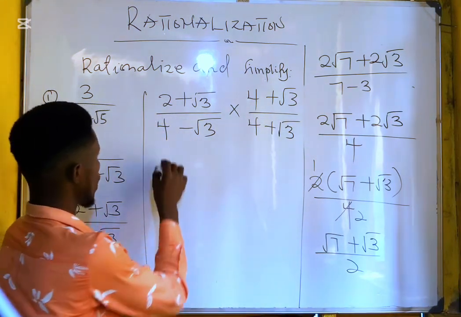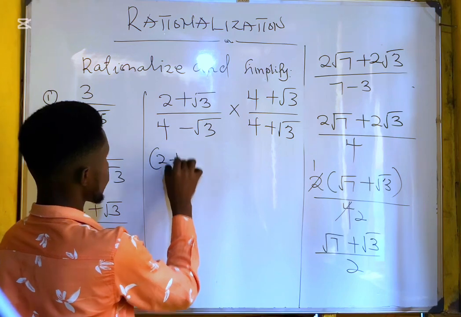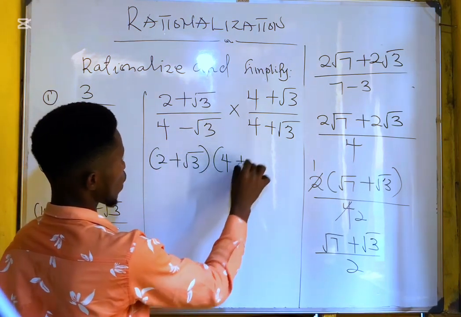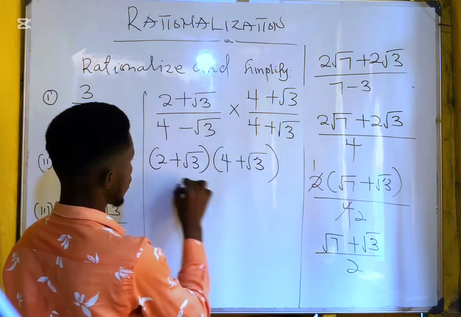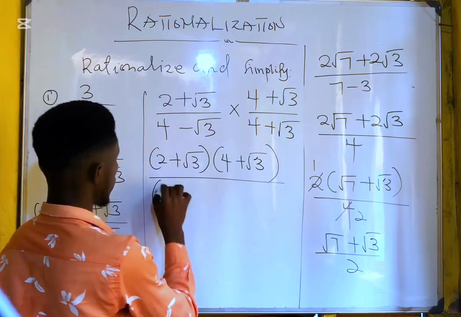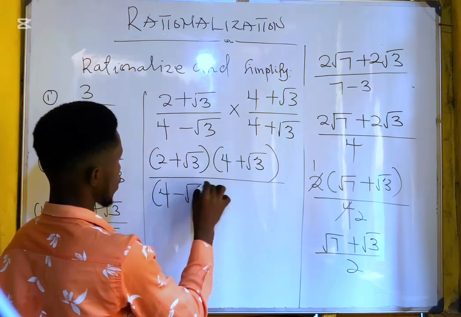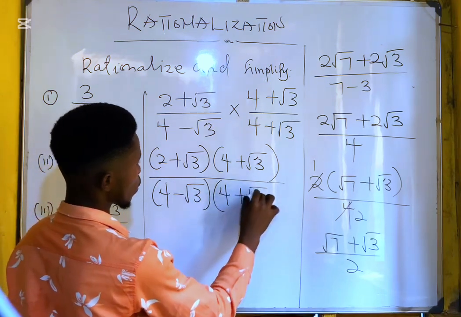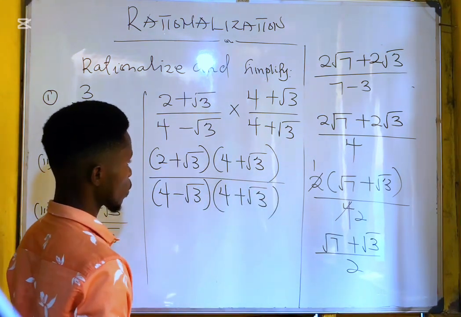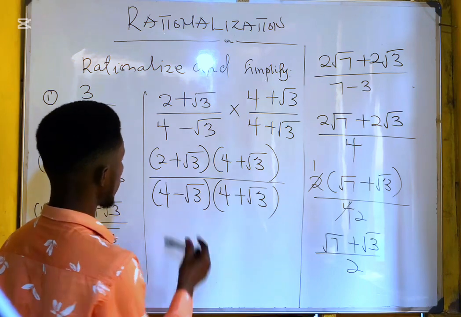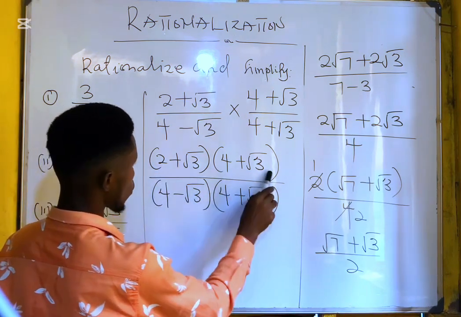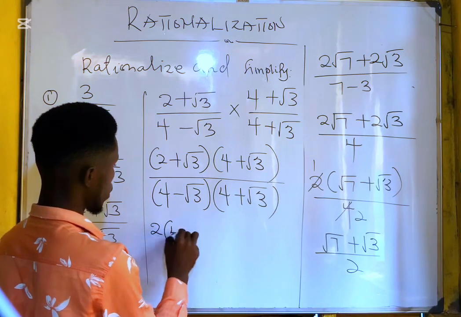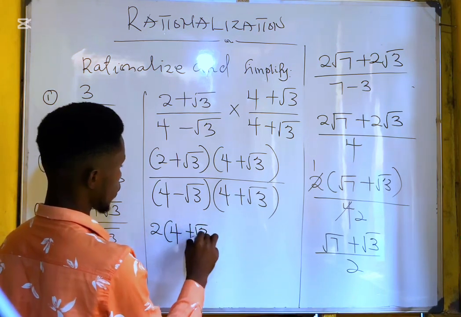So we are multiplying the top one. So 2 plus root 3 times 4 plus root 3. Here is dividing by 4 minus root 3 times 4 plus root 3. Now we are going to multiply. So these two will multiply the whole of this. So you are going to have 2 bracket open 4 plus root 3.